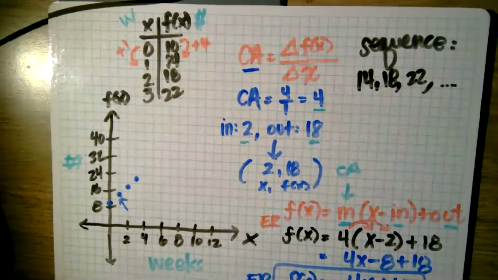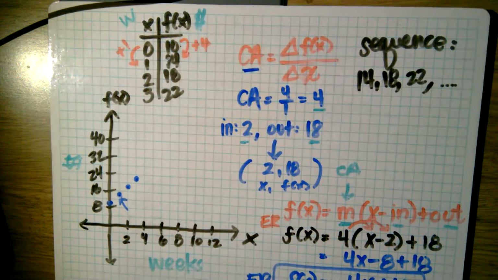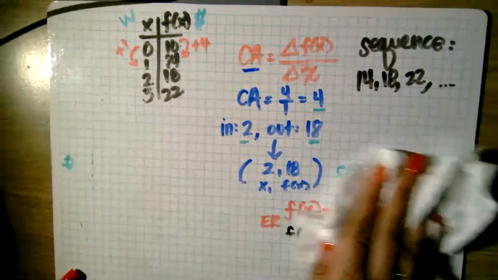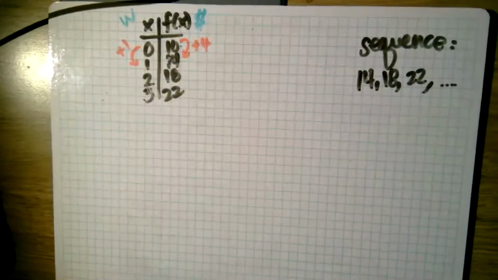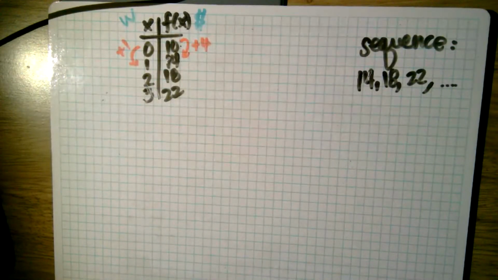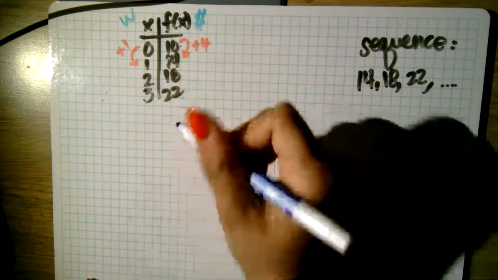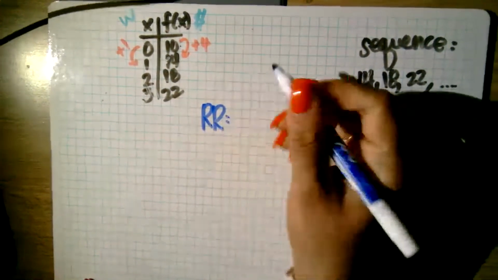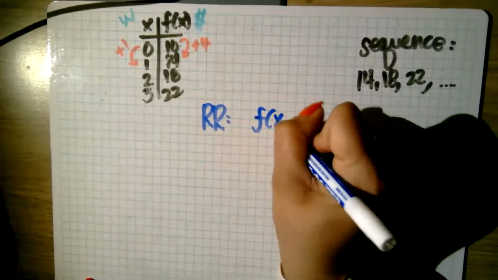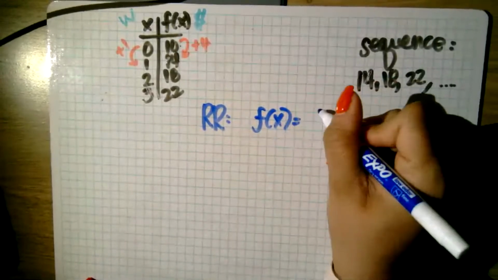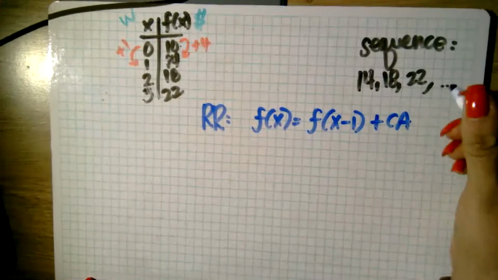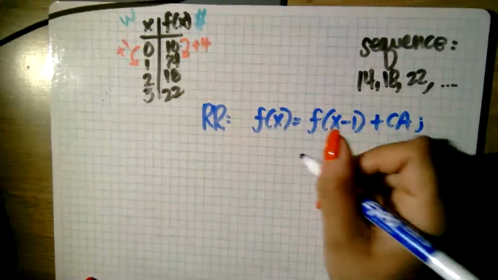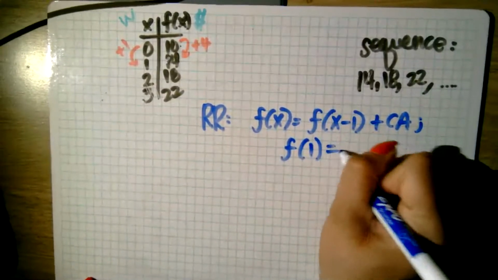So now watch, I'm going to go ahead and build my recursive rule. I'm going to remove all this craziness here because I don't want to confuse you. If you want to see that again, just rewind my video. So I have 14, 18, 22. Here comes my recursive rule. Remember that the recursive rule says to get the next output, you look at the previous output and the growth pattern, which is a constant additive this time, given that f of 1 equals something.